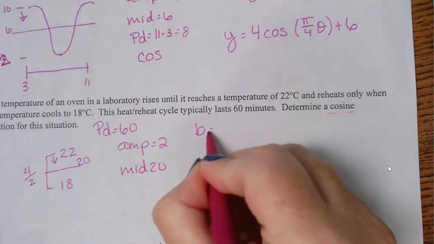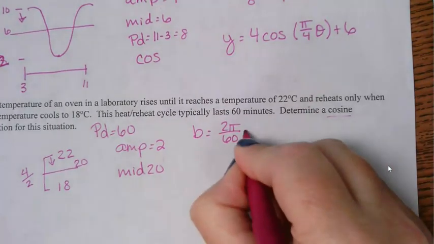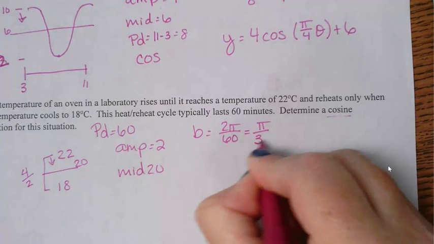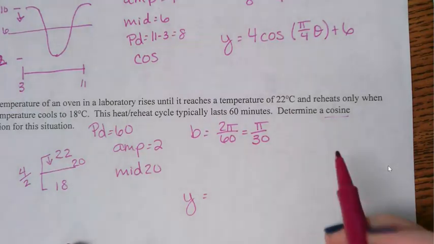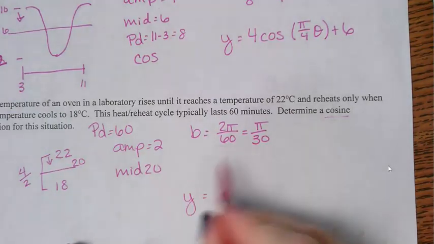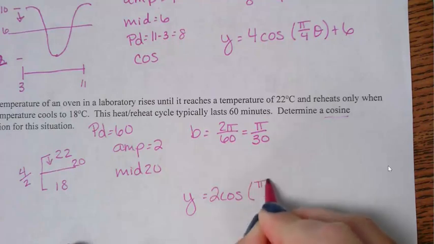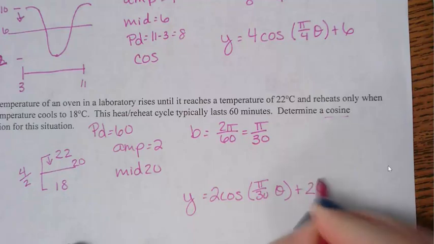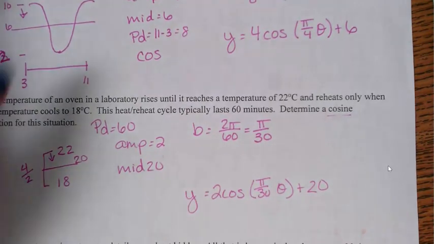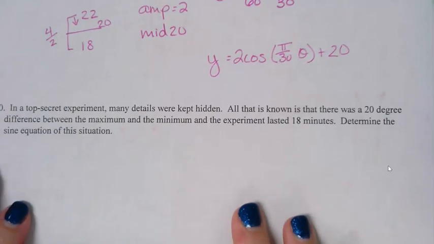So b equals 2 pi over 60, and that becomes pi over 30. y equals 2 cosine pi over 30 theta plus 20. Okay. I hope this is making sense.